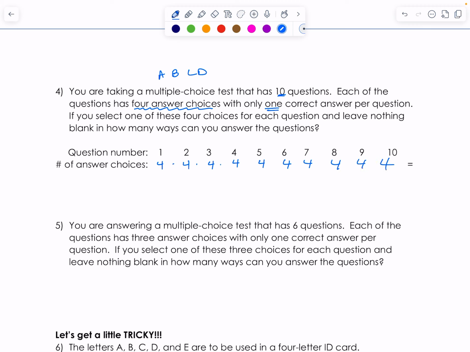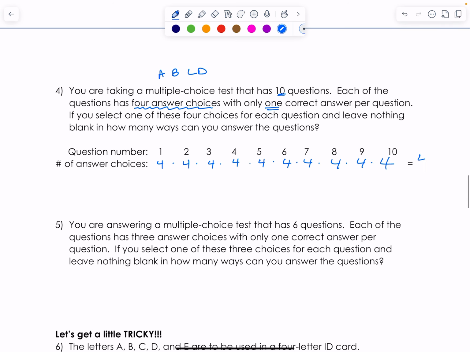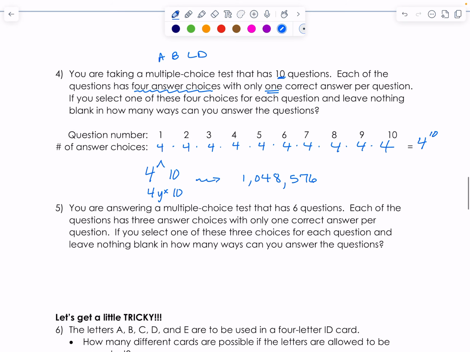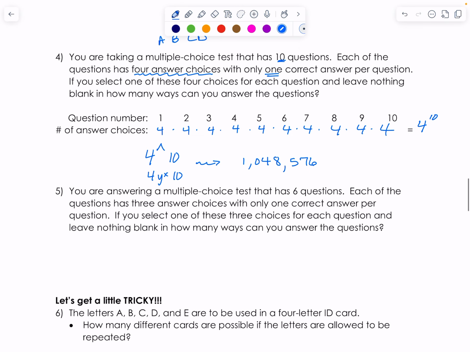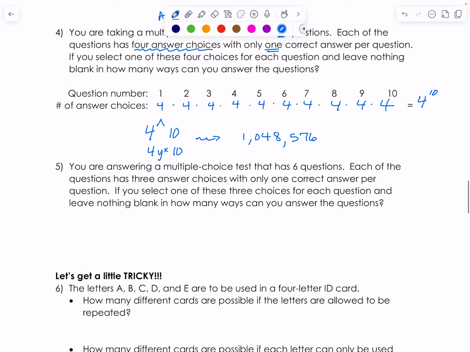So I'm going to multiply all those together, which is 4 to the 10th power. You could put that in your calculator, 4 with that little caret, or you might have y to the x. Either way, you should get a whole lot: 1,048,576 ways of answering all those questions on that multiple choice test.